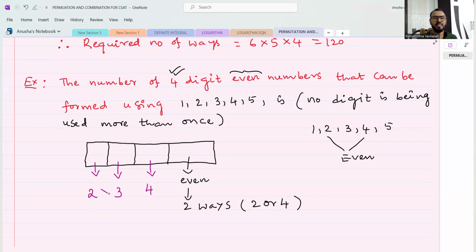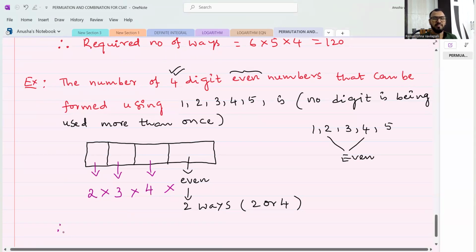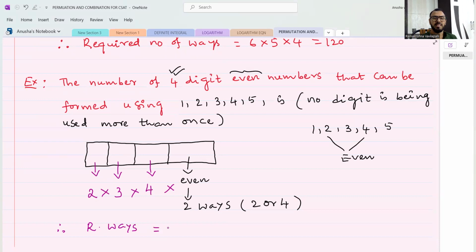All right. There is no order of the boxes here. So you can write 2 into 3 into 4 or 4 into 3 into 2, anyway, no problem. So we have done 4 jobs one after another. So therefore, required ways equal to 2 into 3 into 4 into 2.